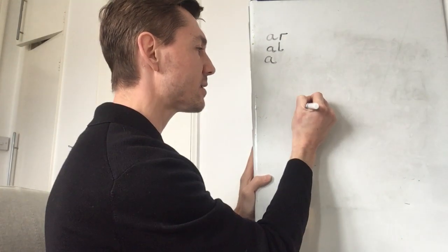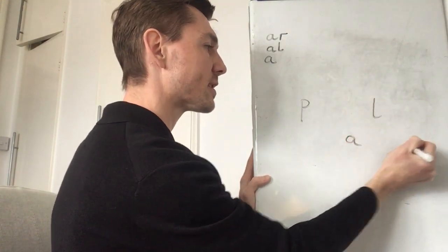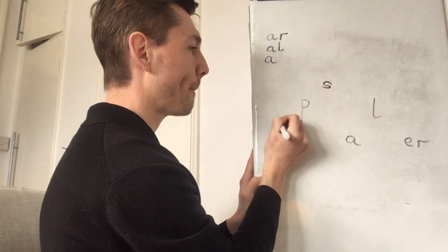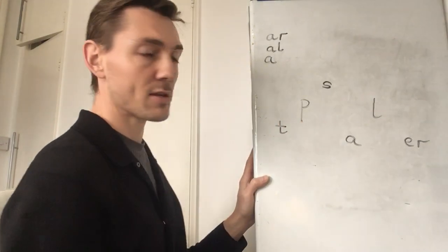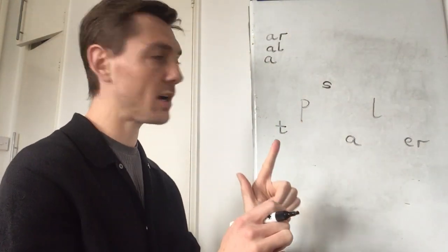The next word is plaster. So these are all of the sounds that you need to build the word plaster. So 2 syllables, do it 1 syllable at a time. We've got plaster.